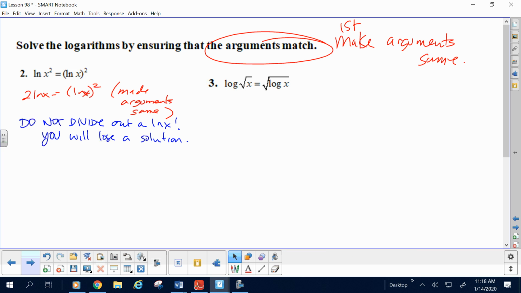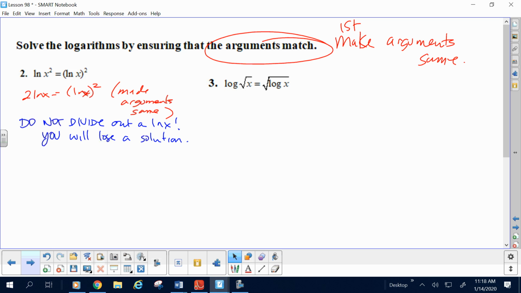Pause for a second. Come over here. X squared equals x. If you divide both sides by x, what do you get for an answer? 1. Okay? Do you agree that if you divide out an x, you get x equals 1? That's terrible math. You just lost a solution.